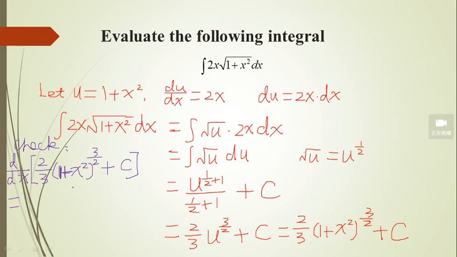To take the derivative, we apply the chain rule. You can let the function of x be u. So 2 over 3 times 3 over 2, with 1 plus x squared raised to the exponent 3 over 2 minus 1, which is 1 half. Since 1 plus x squared is a function of x, that will be times 2x.